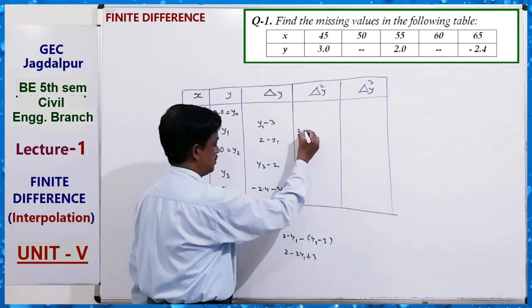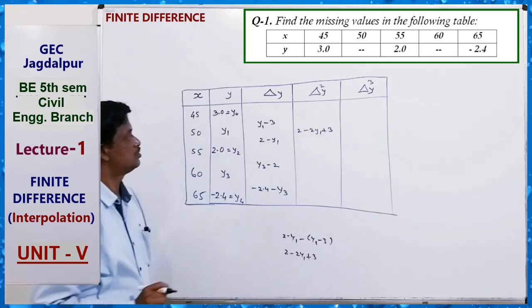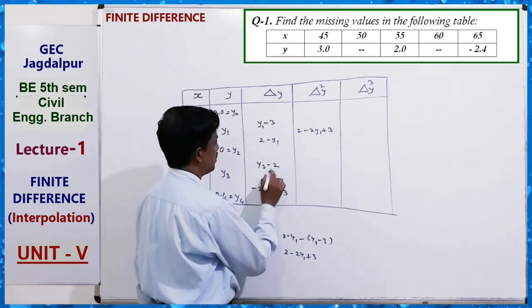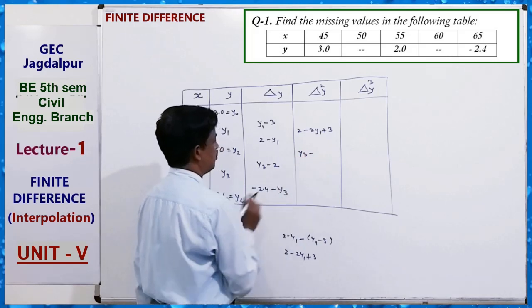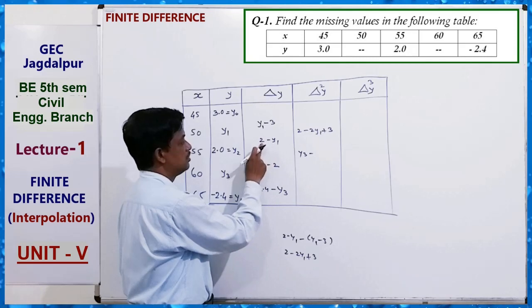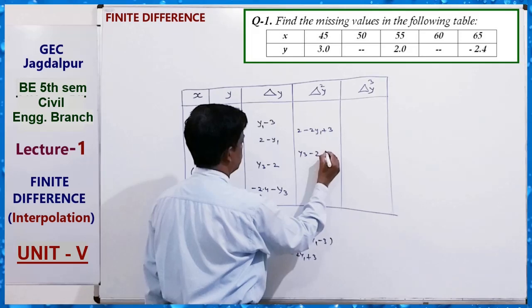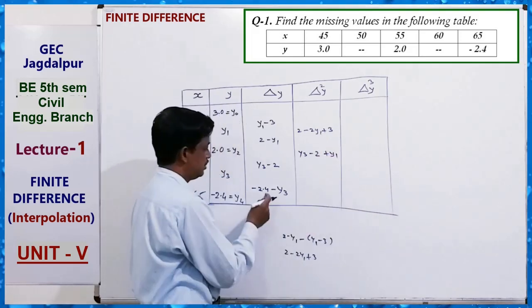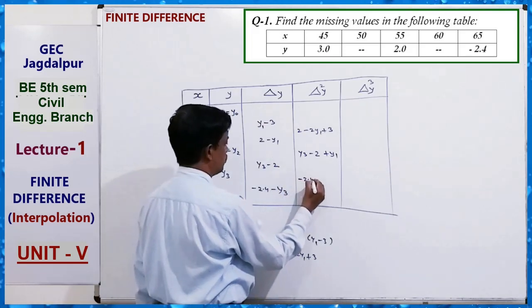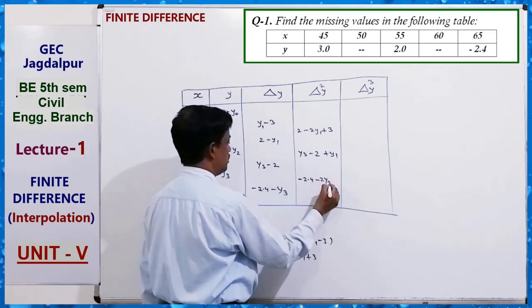Then y3 minus 2 plus y1, and then minus 2.4 minus y3 minus 2y3 plus 2.